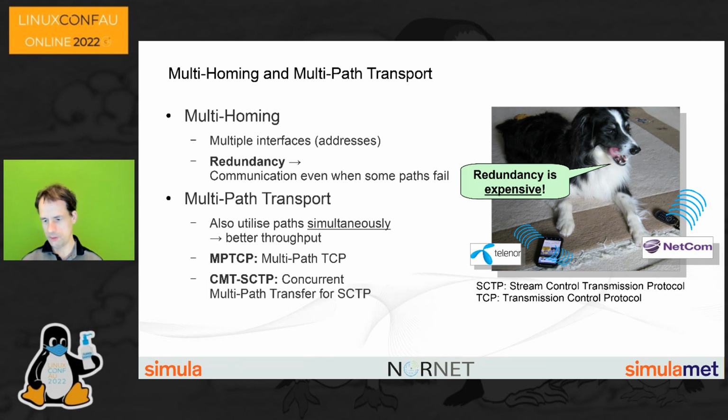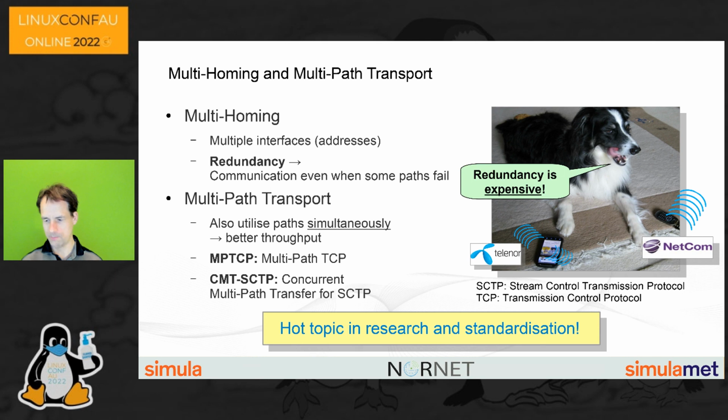Also, if you are using the SCTP protocol, which already has built-in support for multi-homing, you can add an extension, concurrent multipath transfer for SCTP, CMT-SCTP, to also have multipath transport. So in either case, you get multipath transport, so you can utilize multiple network connections simultaneously. That's a quite nice thing, and therefore it is also a topic in research and standardization.